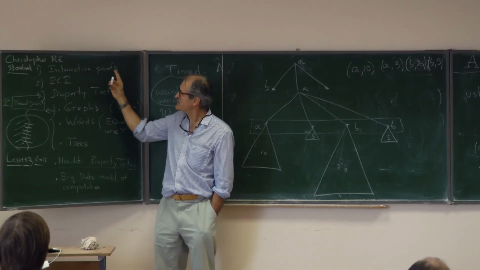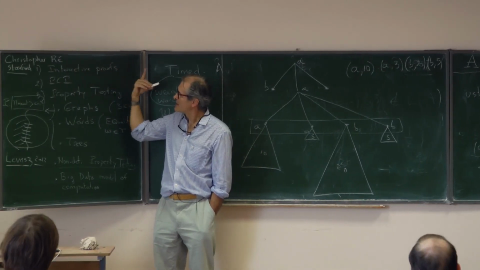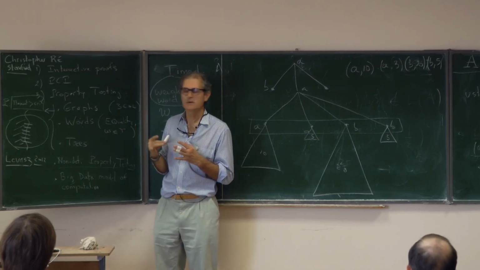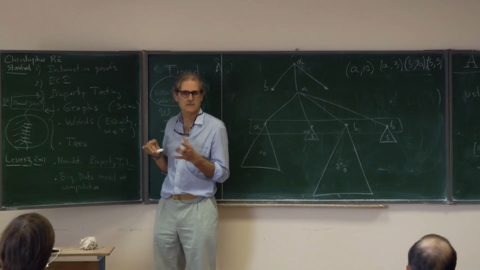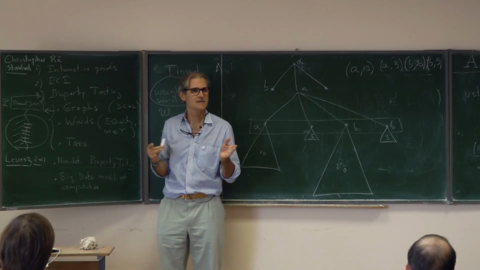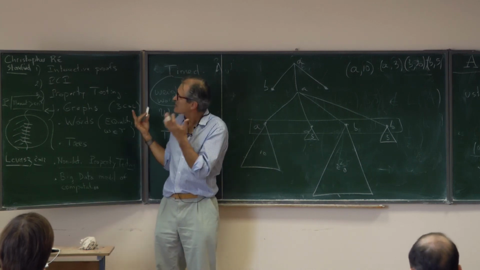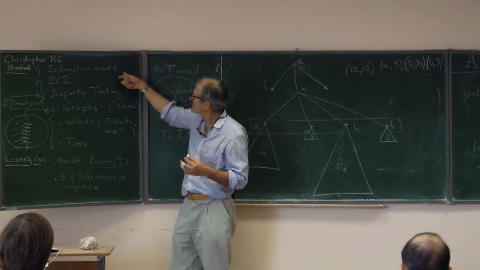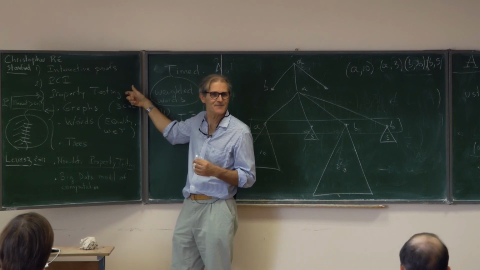I tried to convince you that verification is a very standard notion, but approximation is not. Approximation has various formulations. This is one, this is another one, and this is the third one.